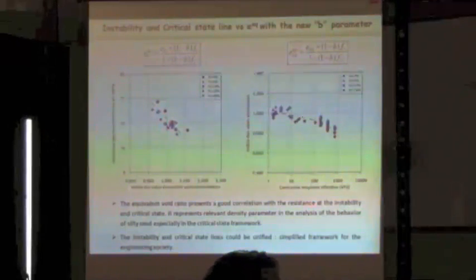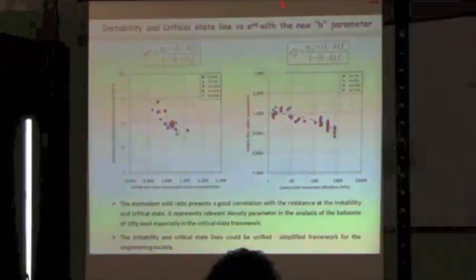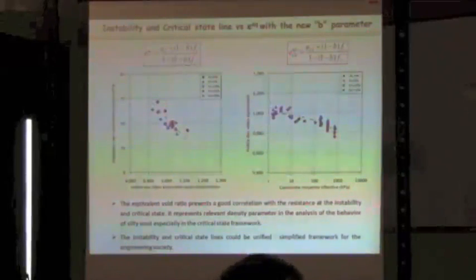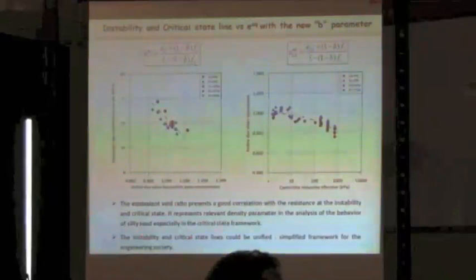We have the same observation concerning the critical state line. So we could see that the equivalent void ratio presents good correlation with the resistance at the instability and critical state.